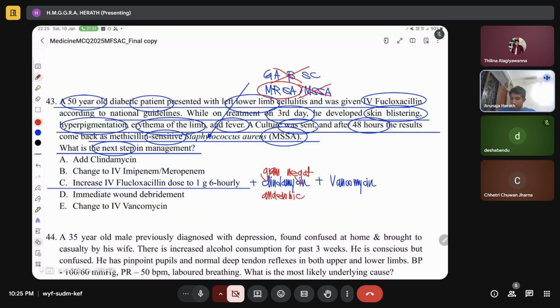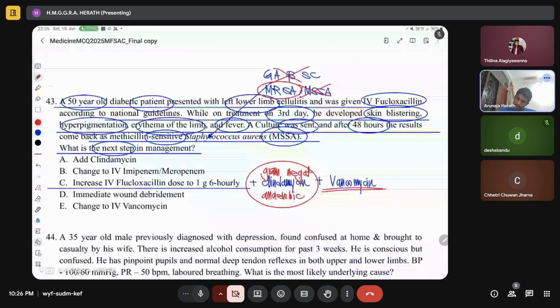So first we give flucloxacillin to the maximum threshold, and then we can combine to cover these two organisms as well in case these organisms are involved. And even if that doesn't work and the patient is still developing complications, then we again repeat the tissue or pus fluid cultures, and then perhaps we go for MRSA. If MRSA is diagnosed, we can go for vancomycin.